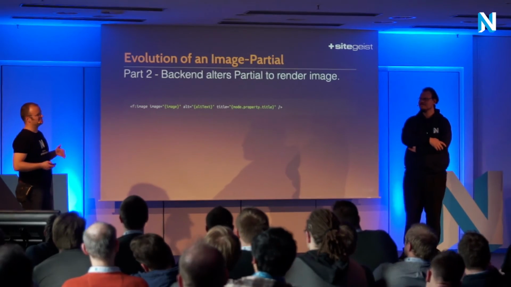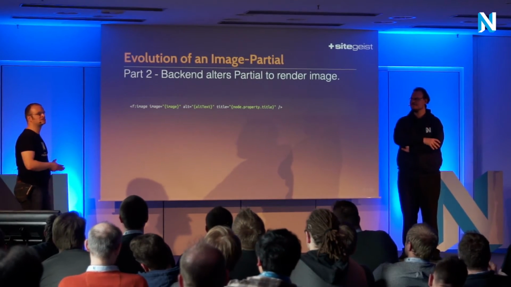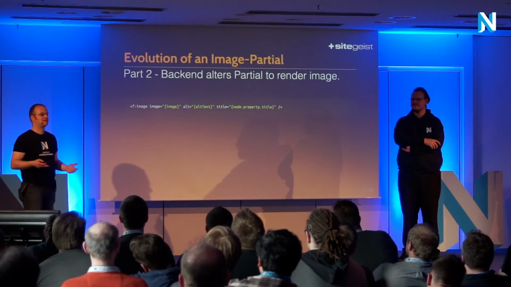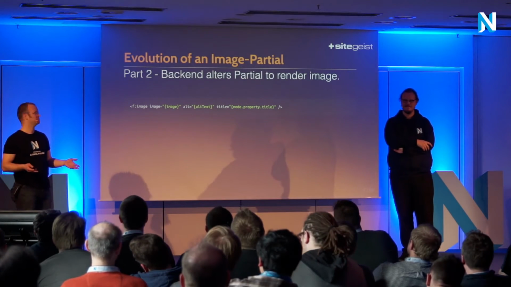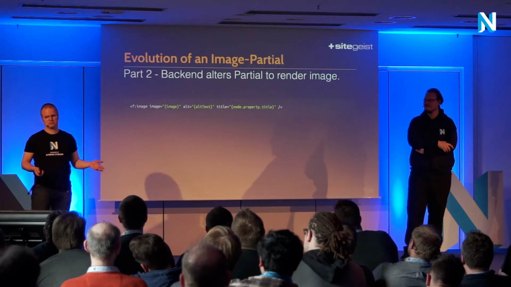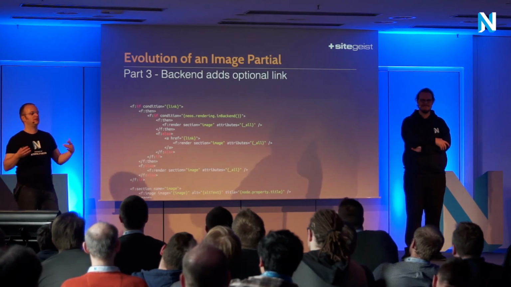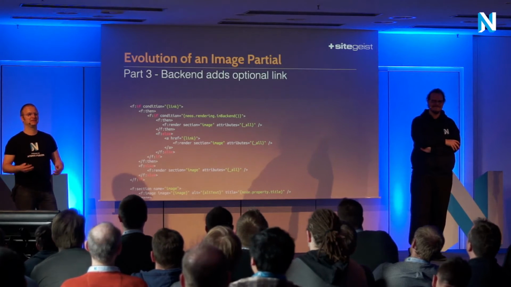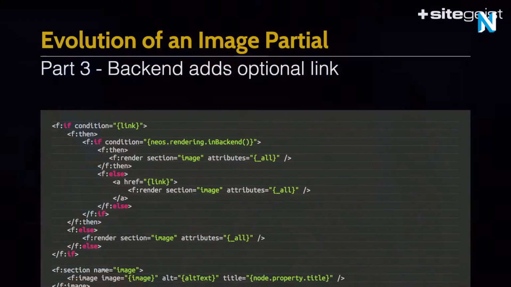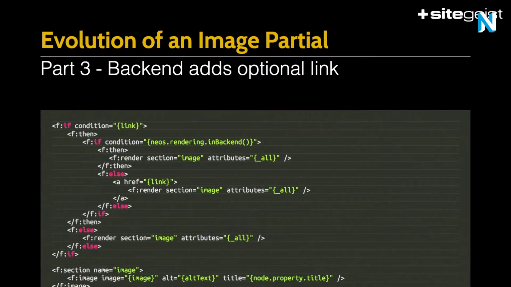But the worst thing is that's not the end of the story. Let's add another requirement to the partial. We want a link to the image. And this link shall only be rendered if it is set, and in the backend, you obviously don't want to render the link because you have to select the image without losing the site you are on.